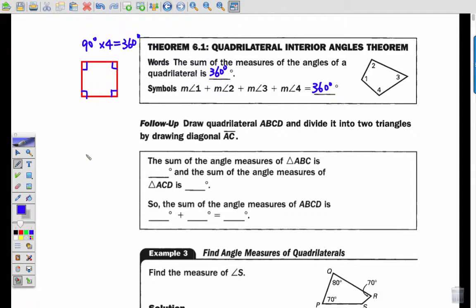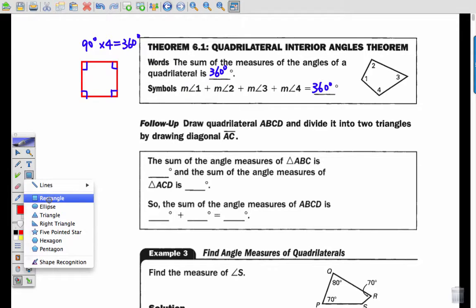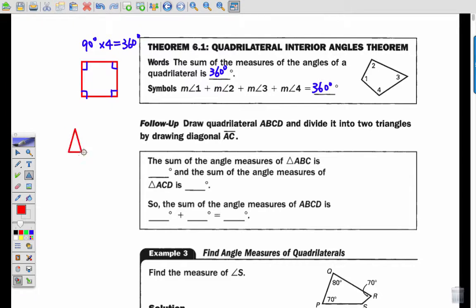Remember, when we have a triangle, the interior angles add up to 180. And in a quadrilateral, we have 360.